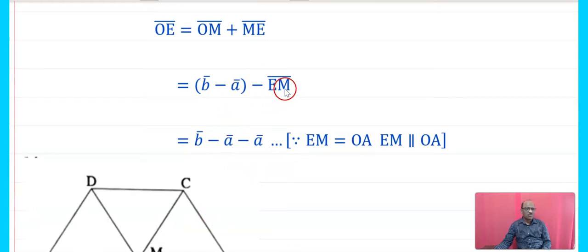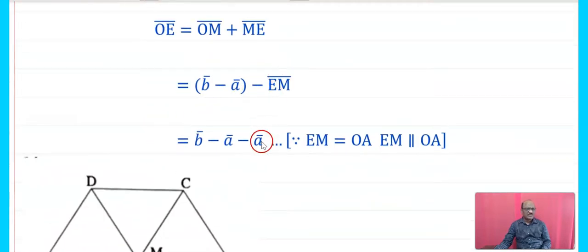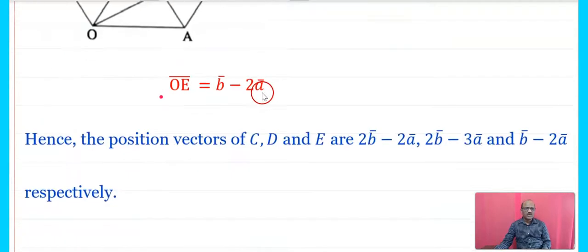And ME bar means minus EM bar. But what is the EM? E to M, these are again parallel, that is OA and EM, and therefore they have the same magnitude, that is A bar. So B bar minus A bar and minus A bar. Therefore B bar minus 2A bar.